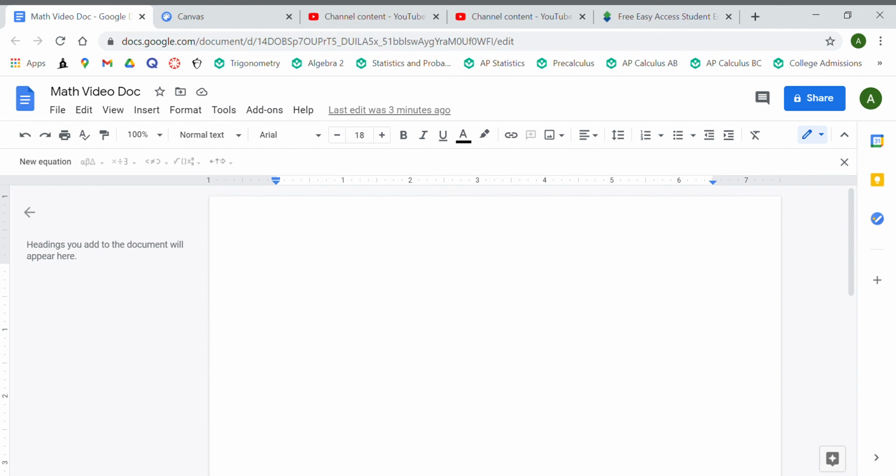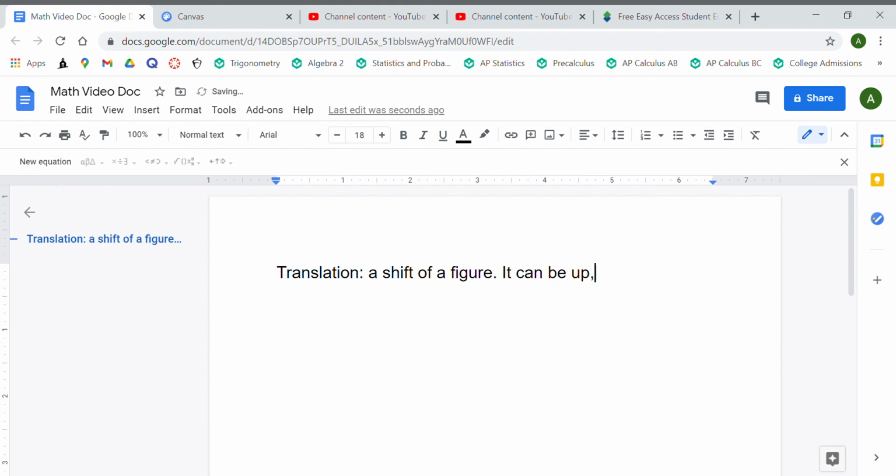All right, so you might notice already that a translation is a shift of a figure. It can be up, down, left, or right. Now I'll give you the horizontal translation rule.